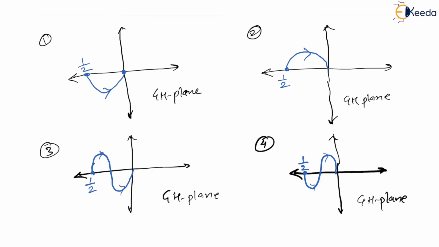Now see dear, as usual, we will try to eliminate some of them, right? Because at the end you have to choose only one, right? So if I try to think of if 3 and 4 are correct, let us do that, right? If 3 and 4 have to be correct, then it means that there has to be some frequency for which the plot has angle as minus 180 degrees except omega equal to 0.